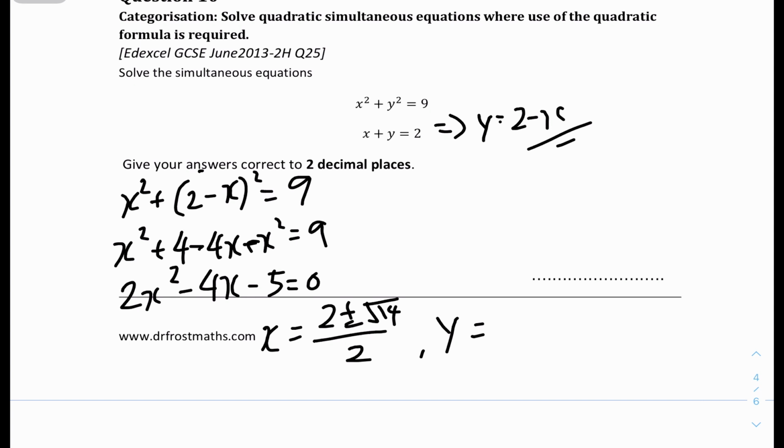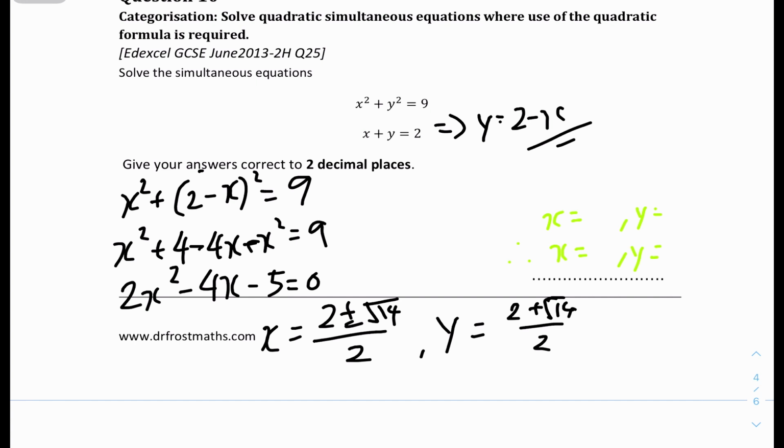When x is 2 plus root 14 over 2, it'll be 2 minus the fraction 2 plus root 14 over 2. It's basically the same, because it's like a conjugate. So the values are the same, but with different signs at different times. So when x is something, y will be something, like so.